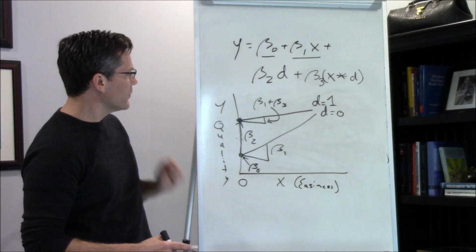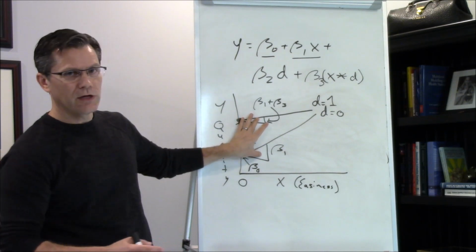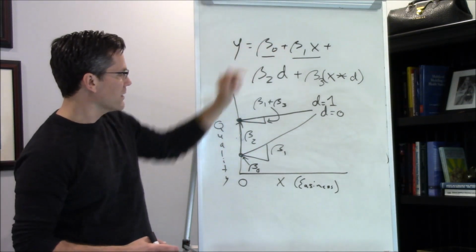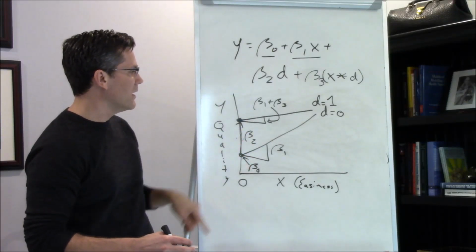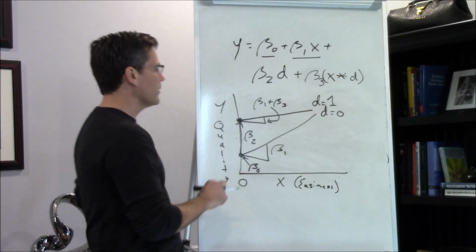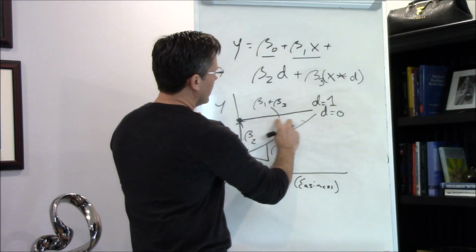All right, now we have focused on this in terms of looking at how the slopes of the two lines differ, so the effect of x depends on the group you're in, the value of D. But we could alternatively be focused on how the two groups are different from one another, right?